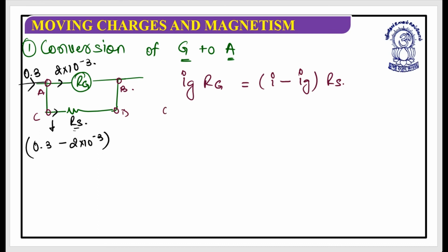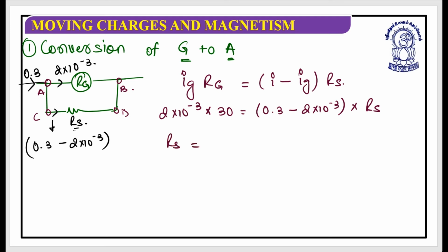Ig is 2 into 10 to the power minus 3, into Rg, the resistance of the galvanometer, which is 30 ohm, should equal (0.3 minus 2 into 10 to the power minus 3) multiplied by the shunt resistance Rs. I hope this is clear.